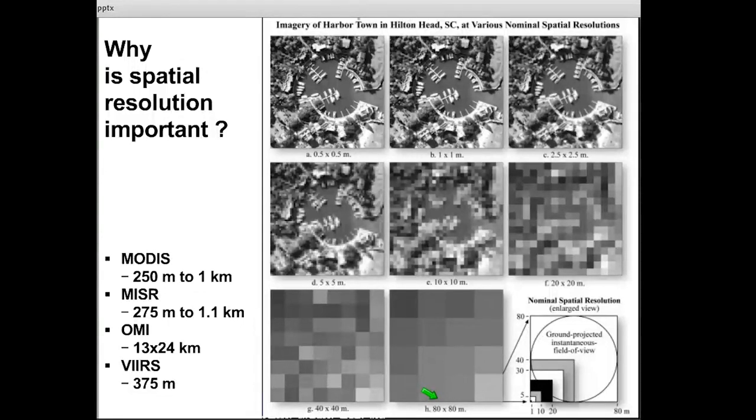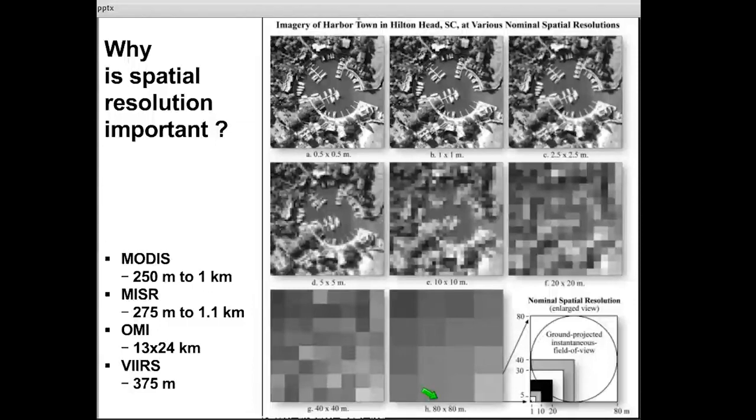What you see here, the first image is taken by an instrument which has a spatial resolution, or a pixel size, of half a meter, and what you can see in this image very clearly are all the different features on the Earth's surface. As we move to the right of these images, the spatial resolution starts decreasing, or the pixel size, in other words, starts increasing. So 1 meter, 2.5 meter, 5 meter, 10 meter, 20 meter, and it goes up to 80 meter.